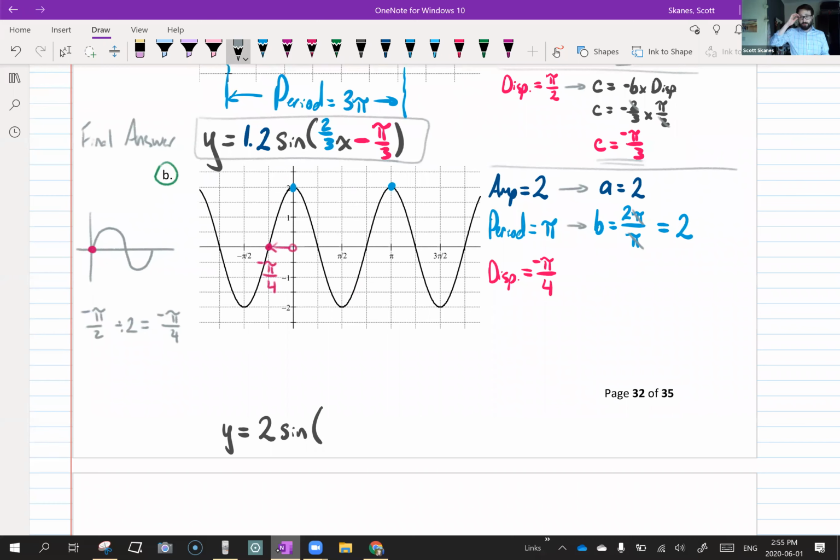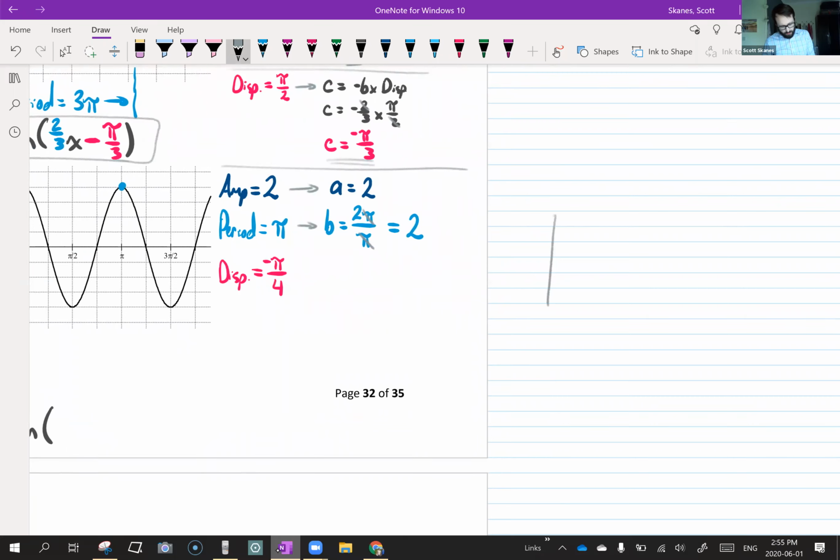If it was cosine, it would be shifted to the right. Actually, if it was cosine, we just have a different looking graph. I'll just make it an aside here. If it was cosine, it actually looks like this. And we just compare it. That's a terrible example, actually. One second. It has its maximum like this, okay? We just look and say, well, it's supposed to look like this. Has that been shifted sideways or not?